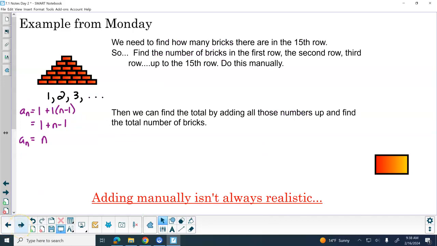So we can find that one, the 15th row. But now, to find the total number of bricks, I thought that was going to be the 15th, but apparently not. Now we've got to add up all those together.